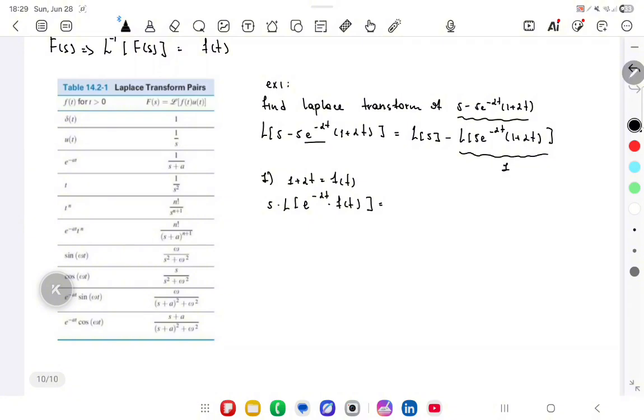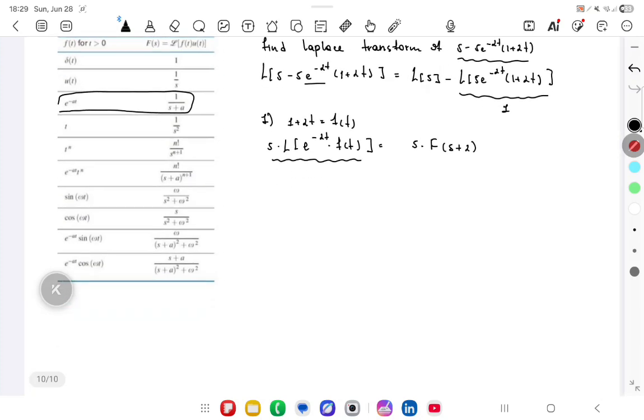So then, if we look here, we may see that the resulting equation, so to say, will be 5 multiplied by F of s plus 2. So what happened essentially is that it shifted in its s domain. We may call it as well a frequency shift.